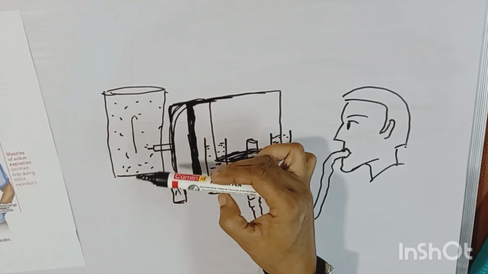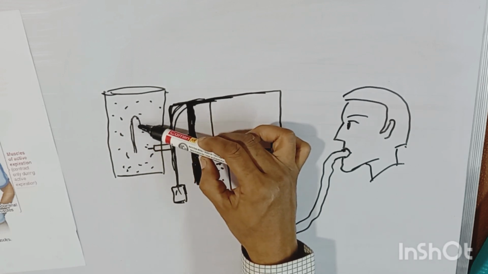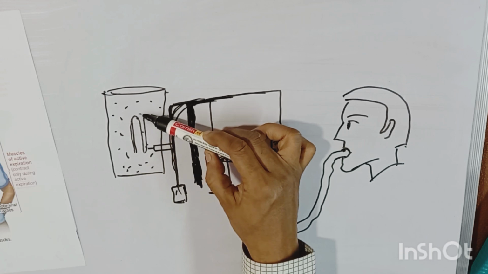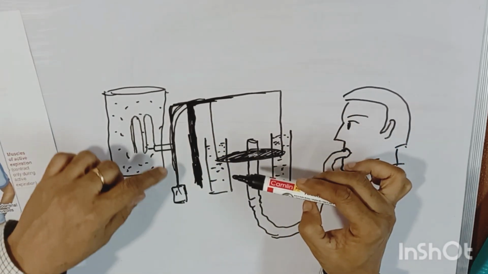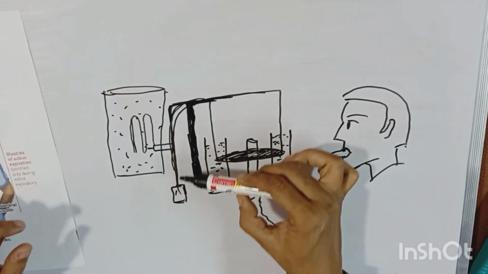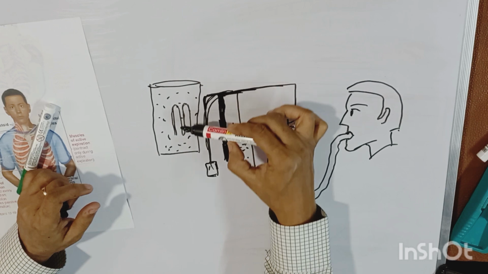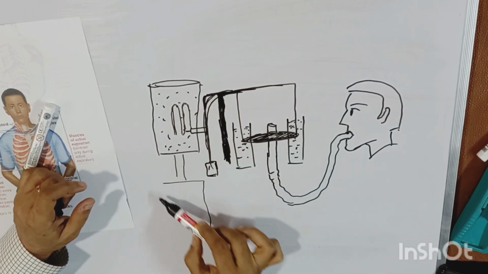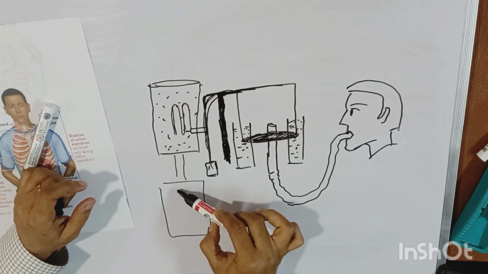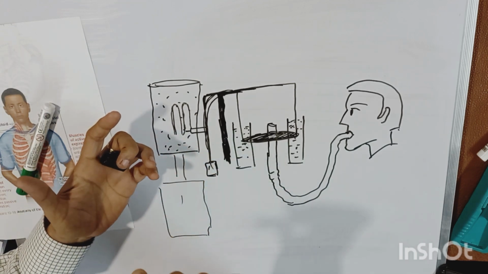The pen will remove the soot of this carbon, and it will draw a line. When air is sucked in, this weight will be pulled up, and you will inflict a line on this drum. Say this is the machine of the kymograph, and this drum revolves like this, with these inflections.